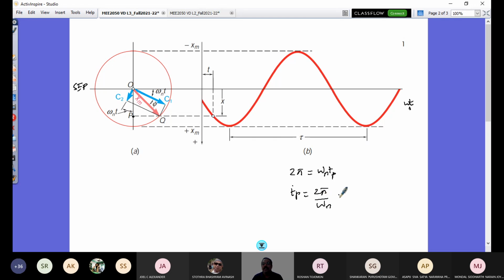Here the unit in the numerator is radians, and the denominator is radians per second. So you know what this omega n is? It's called the circular natural frequency. The word natural is because of free vibration.